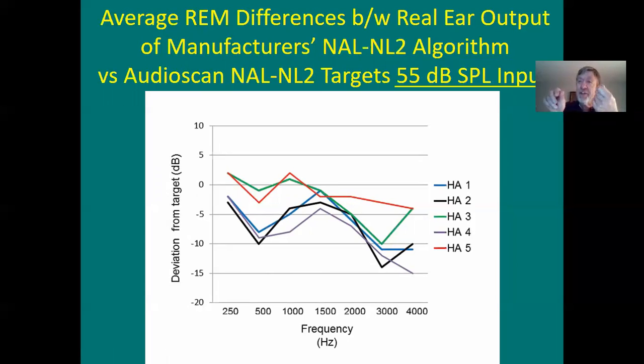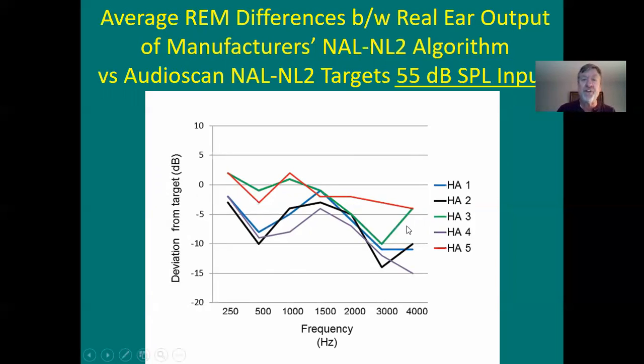They seem to change it. Why? I don't know. The only true NAL2 targets are found on real ear measurement systems. All other manufacturers seem to deviate in their implementation of NAL2.